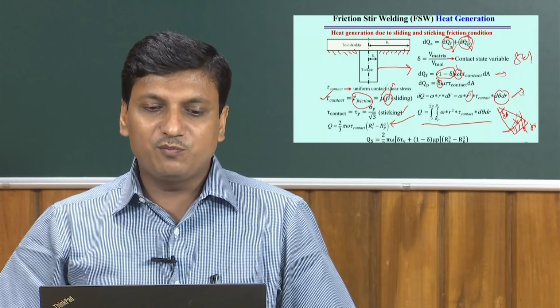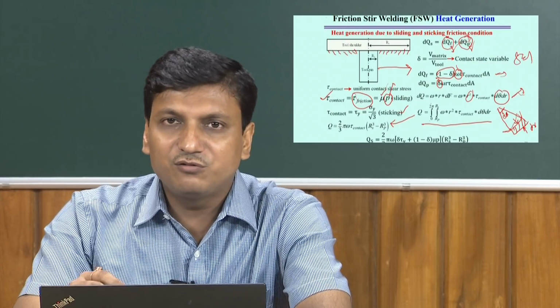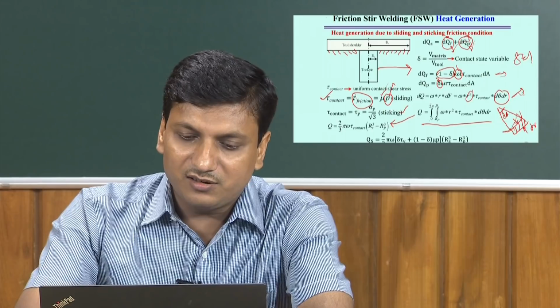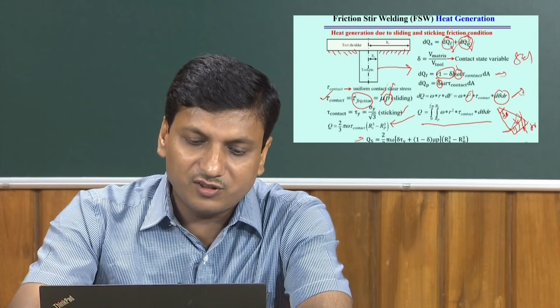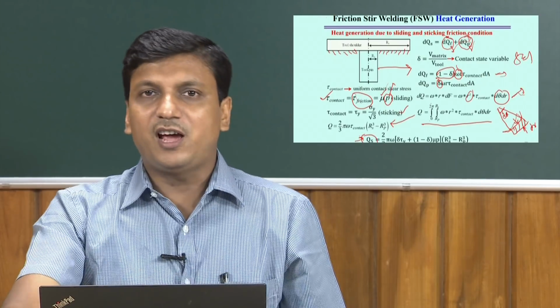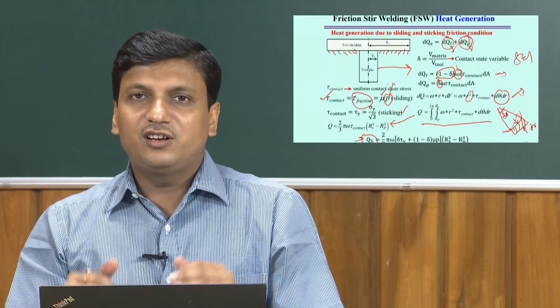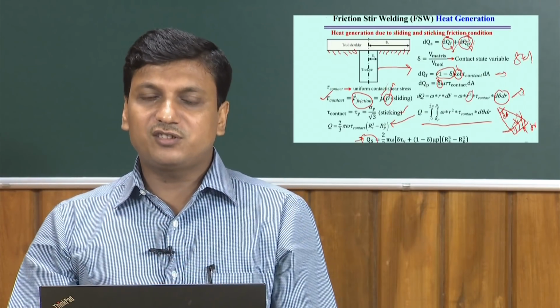If we put the corresponding values for the sliding and sticking components, then we can find out Qs, which defines the amount of heat generation on the tool shoulder surface in the friction welding process.